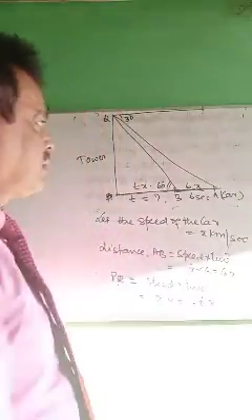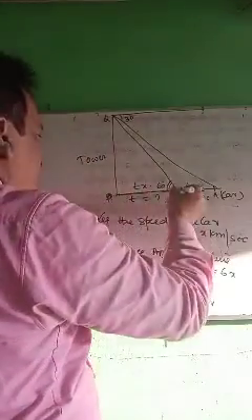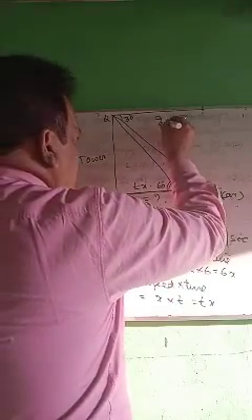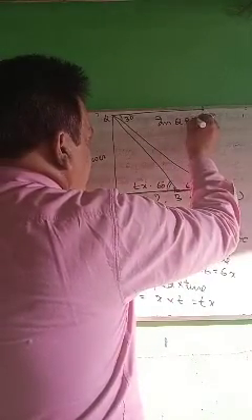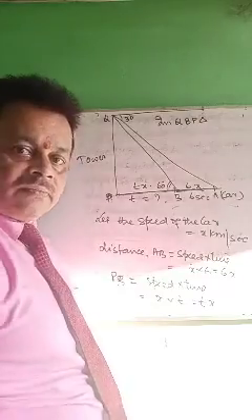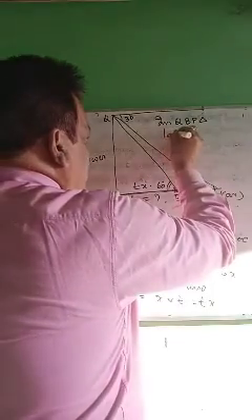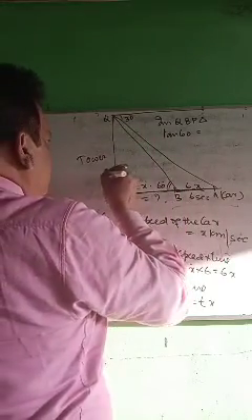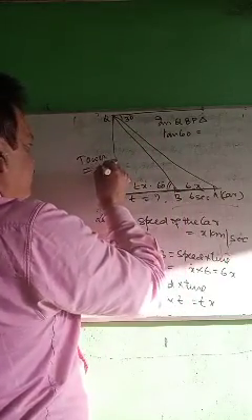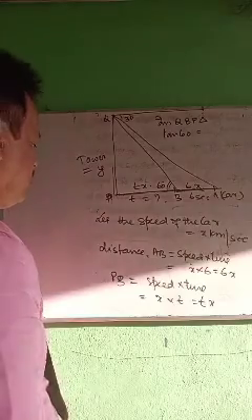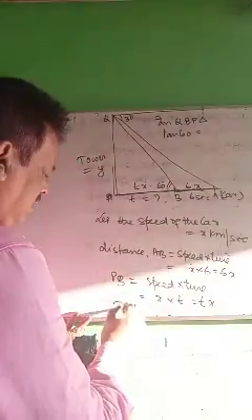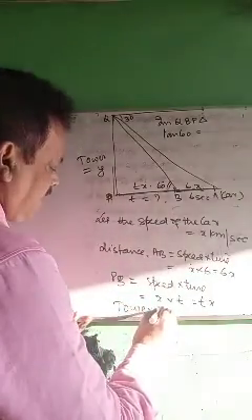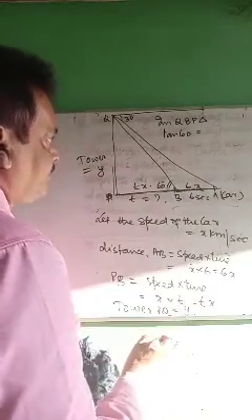Now come back to QBP triangle. In QBP triangle, tan 60 equals to perpendicular. Suppose this tower is y. You can write tower PQ equals to y.